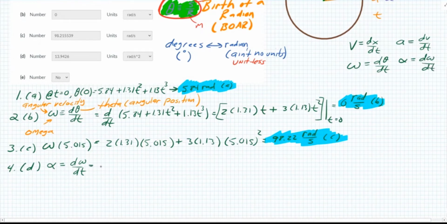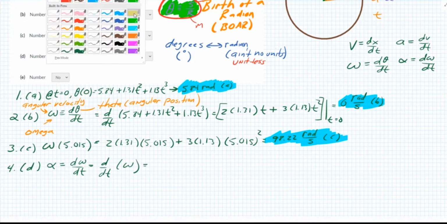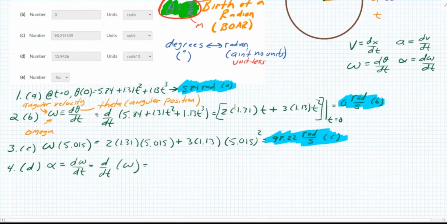So now we just take the derivative with respect to time of my omega function. I have my velocity function sitting right here, so I just need to differentiate this with respect to time.